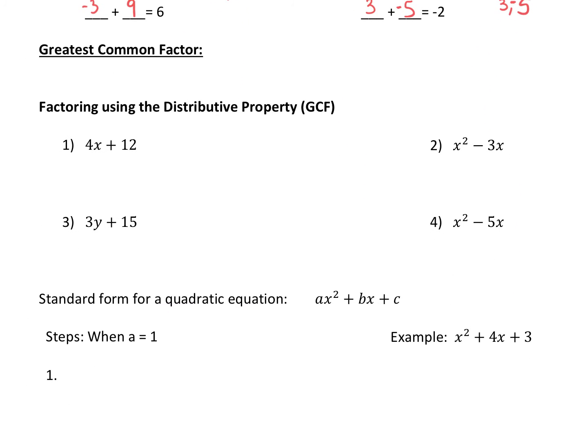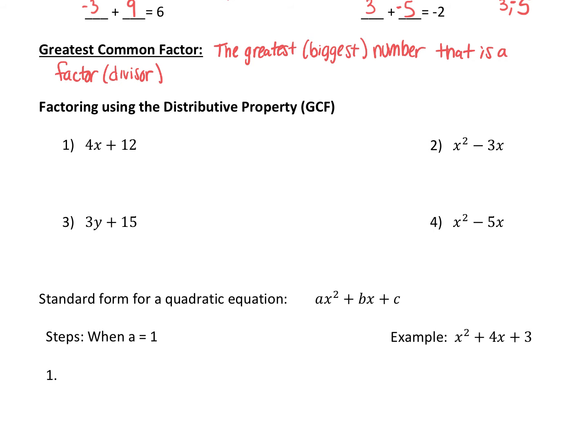So first let's talk about what is a greatest common factor. A greatest common factor is the greatest, or biggest, number that is a factor, or sometimes we call it a divisor, of both original numbers.